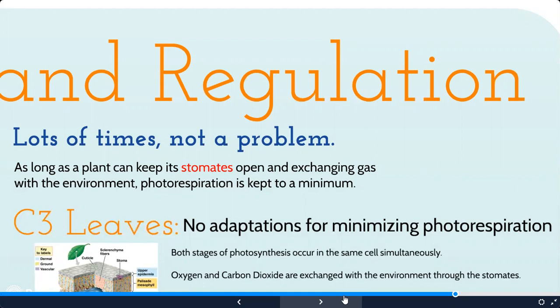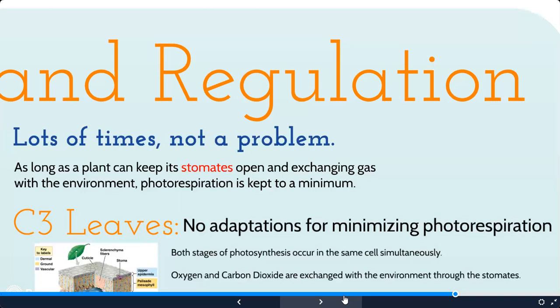And you do want a little bit of water going through for the process of transpiration. That's the process that pulls water from the roots up to the leaves. But if it's really hot, like in a desert, you don't want that. You want to minimize water loss.